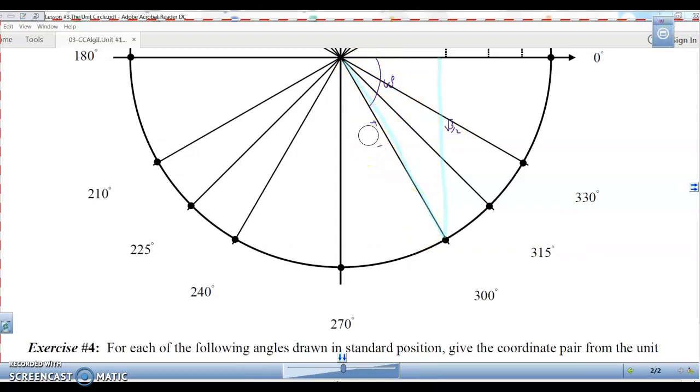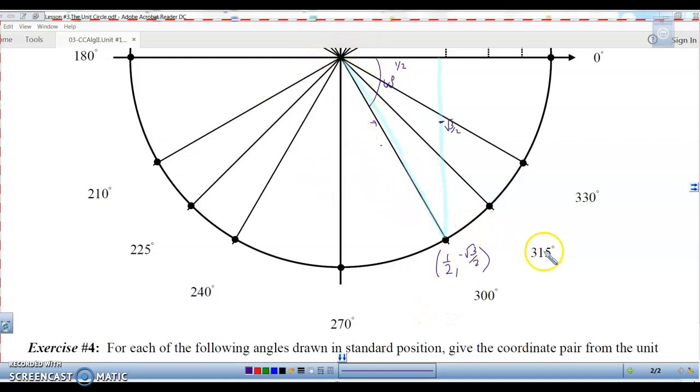This one's 1/2, sorry. Wrote the wrong place. This one's the 1/2. All right, so this one would be 1/2, but this one would be negative square root of 3 over 2. So the coordinate at 300 would be 1/2, negative square root of 3 over 2. Okay, so that's the 300.